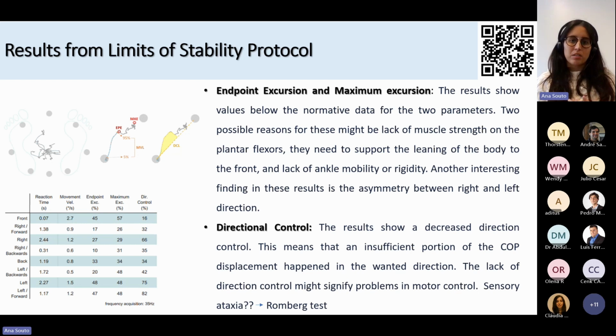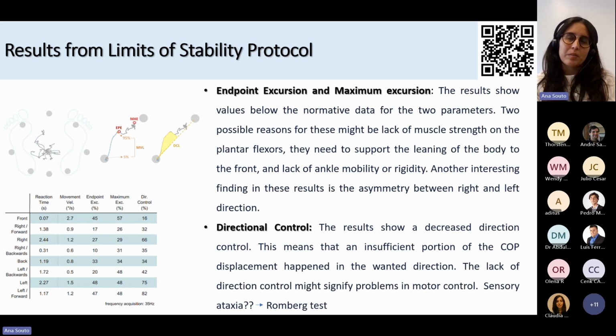For example, muscle strength, mainly our posterior muscle chain, because it has to hold the body when leaning forward, but also the ankle mobility, and the presence of some rigidity. There can be a lot of reasons for this.